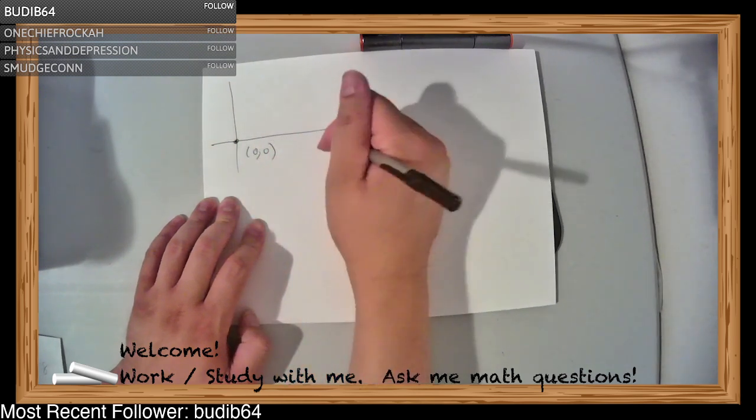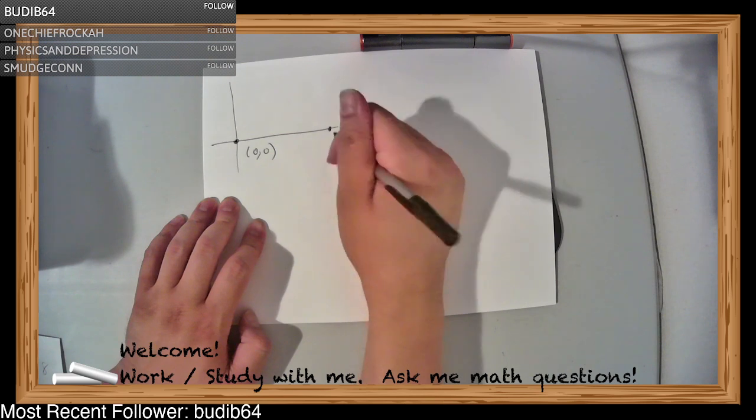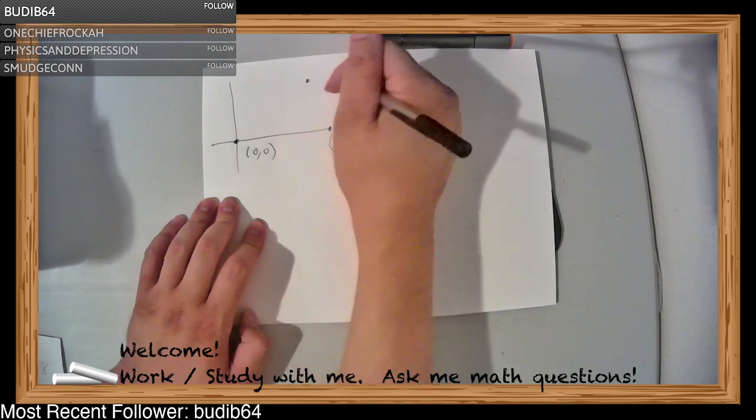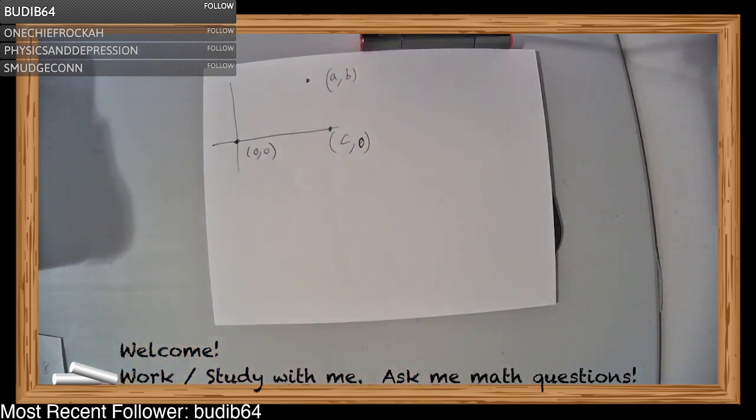Again, we take an arbitrary triangle, and we rotate and translate. Well, the easiest altitude is definitely this one.